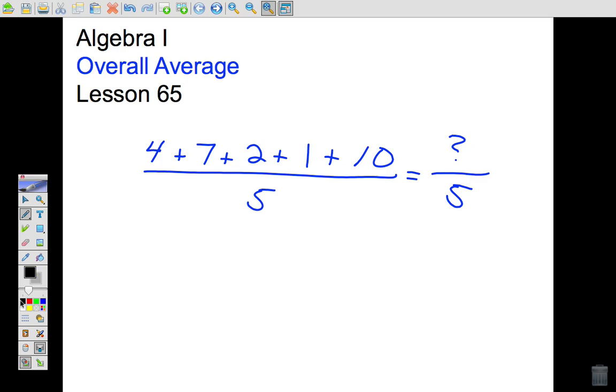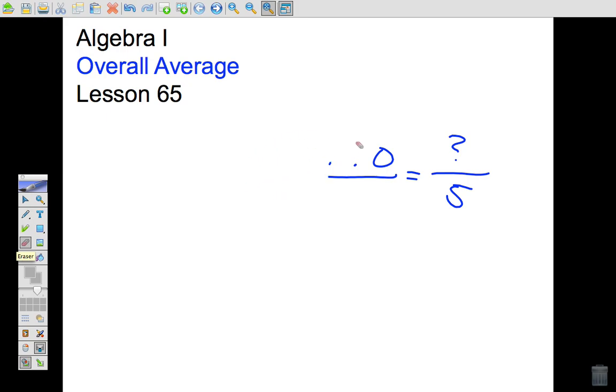Now sometimes we have situations where we want one of the points, one of the players, or maybe one of the tests, if a teacher is averaging tests, to be more important or weighted more. So let's say that in your science class, you've had 3 tests.